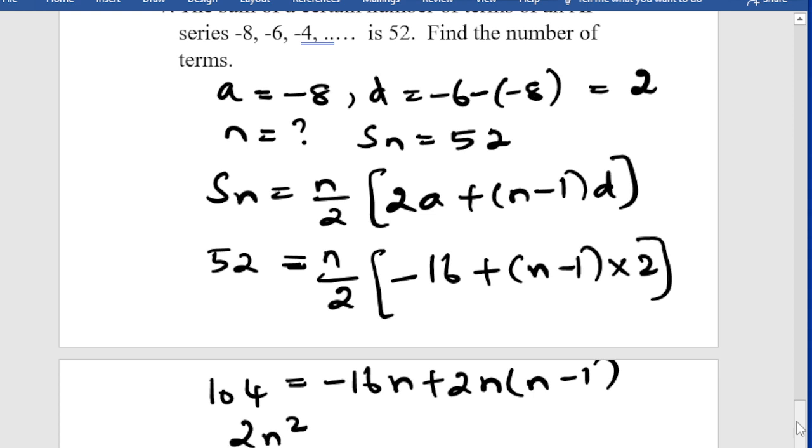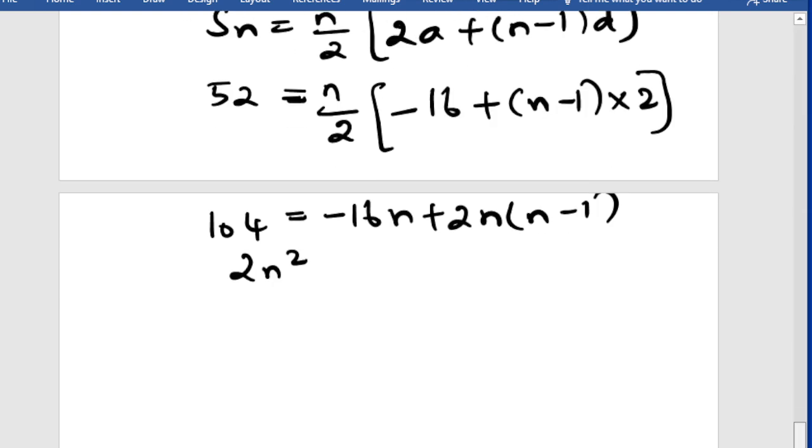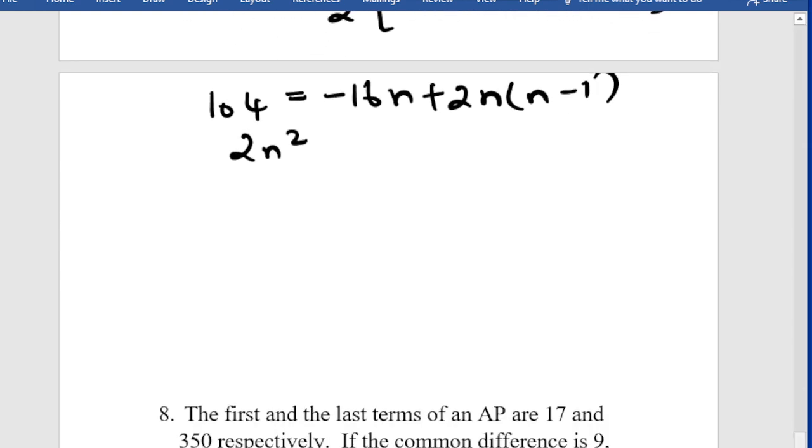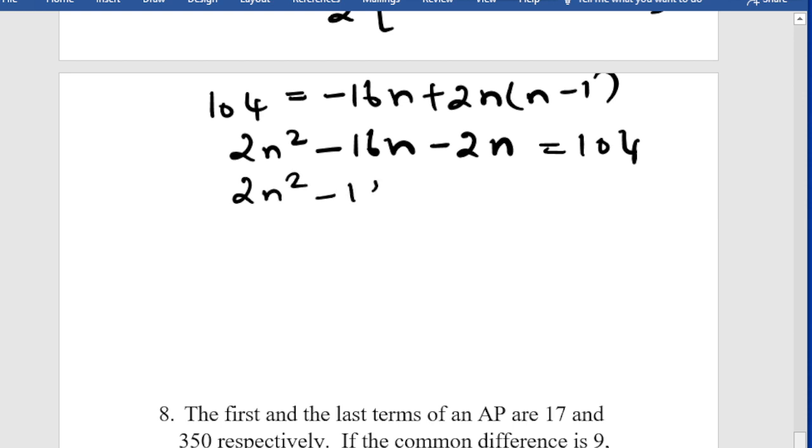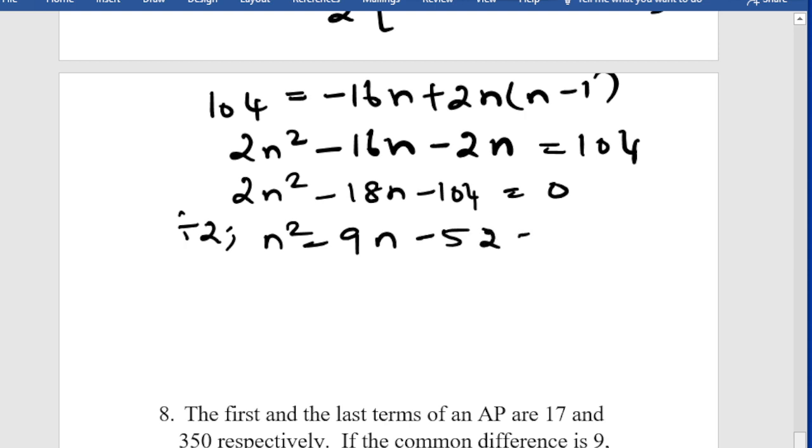Further simplifying, we get 2n square minus 16n minus 2n equal to 104. Simplifying again, we get 2n square minus 18n minus 104 equal to 0. Dividing throughout by 2, we get n square minus 9n minus 52 equal to 0.